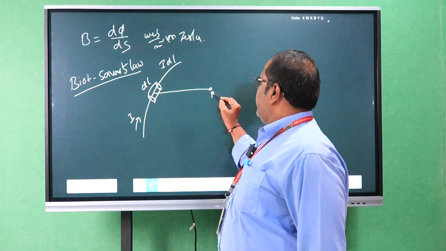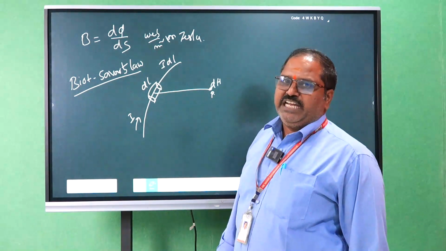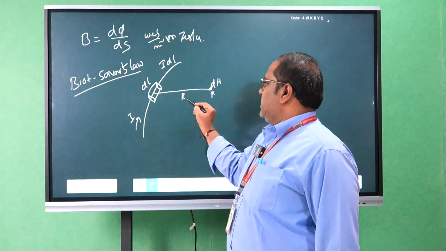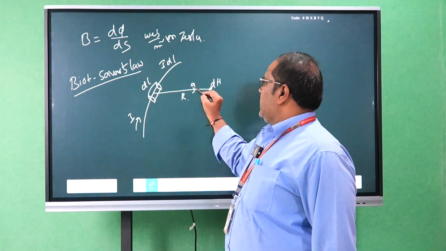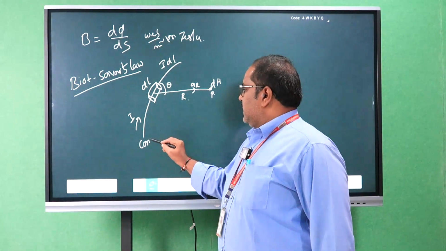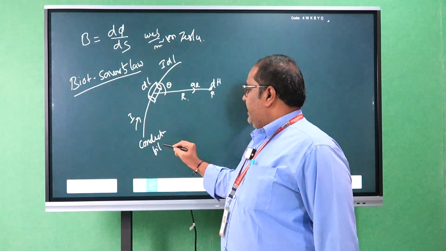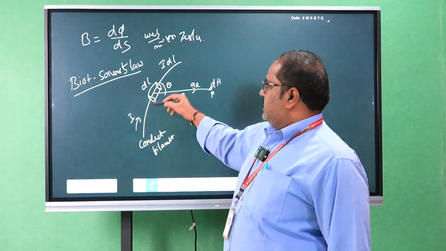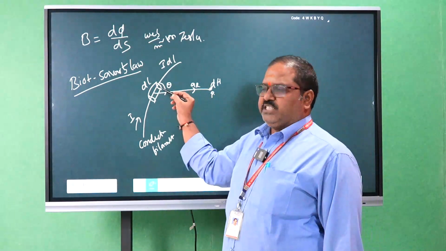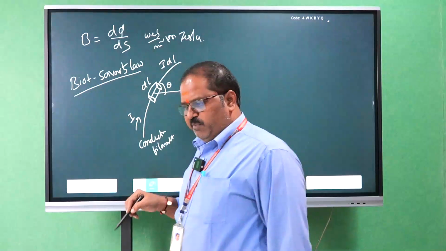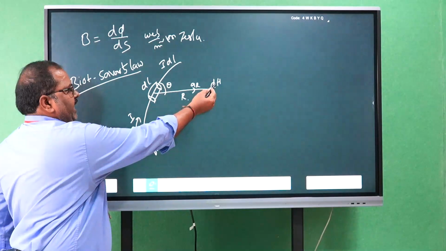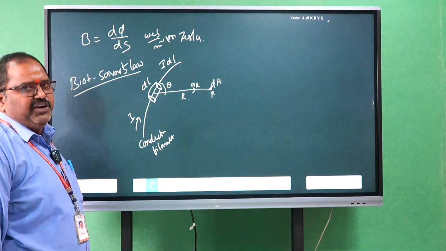At a point P, at a distance R along the unit vector aR, with angle theta, we have to calculate the differential magnetic field intensity dH.